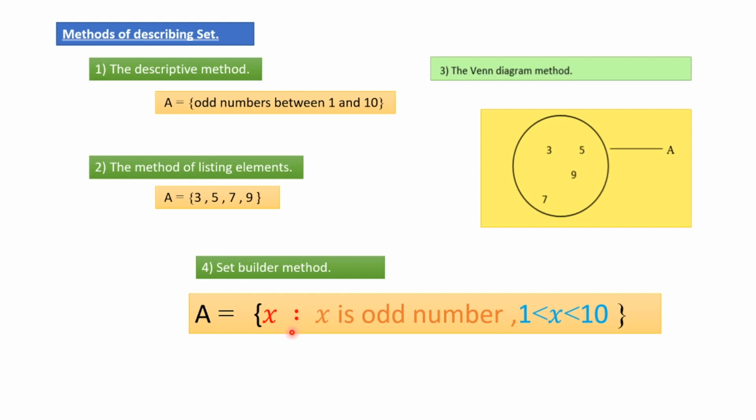When you are writing a given set in the set builder method, don't think of it as a difficult part. You can see here, this one is x. So x is an odd number, and there is another part. You can see there are three separate categories.